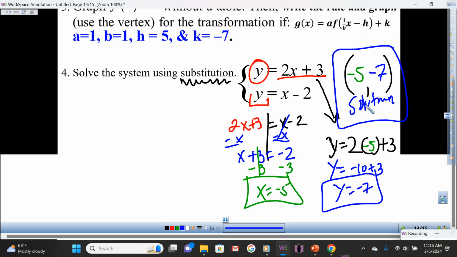Brandon, Felix, what does this mean? If we were to graph these, we're both. That is, in a sense, true. We're both going to be equal at that point, but that's where both graphs, what? Intersect.